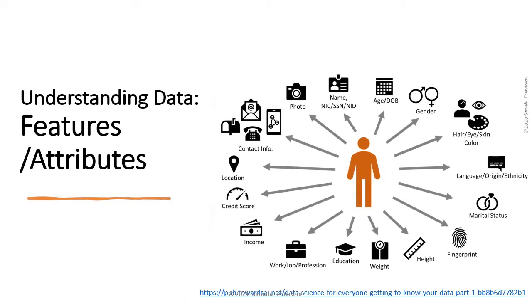take the example of a person. We can model a person by their characteristics, right? Characteristics can be used to describe that person. For example, name, age, date of birth, gender, hair color, eye color, right?